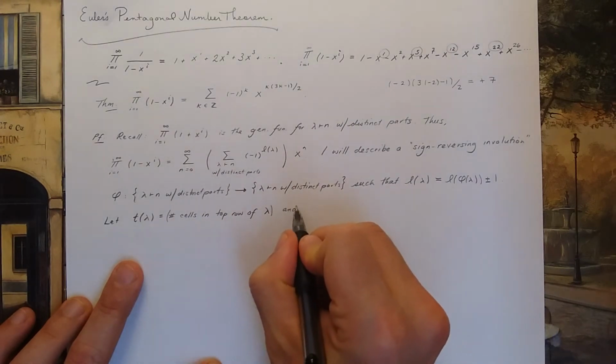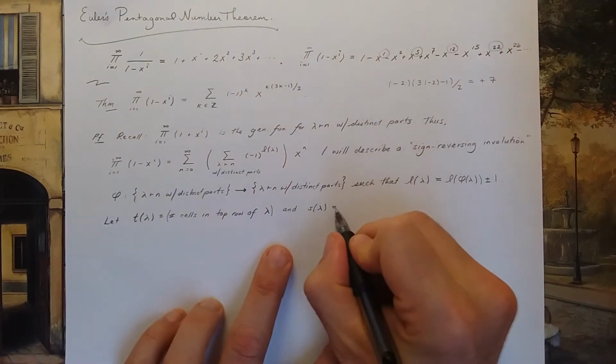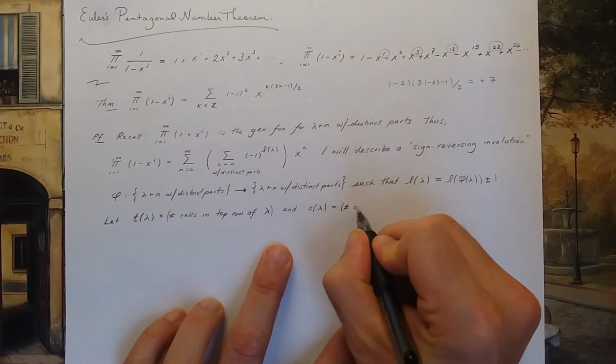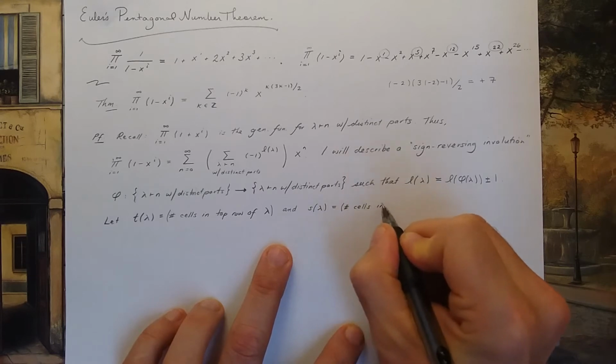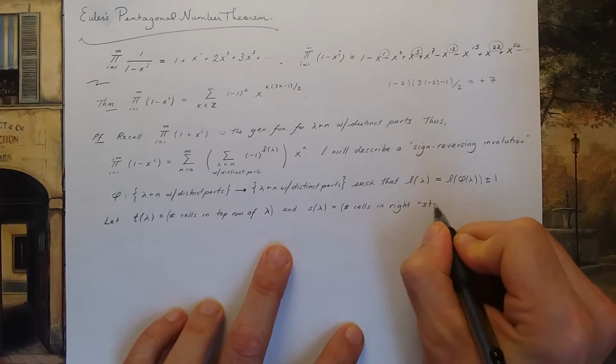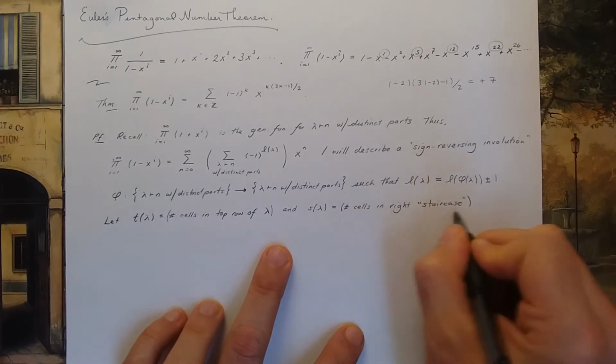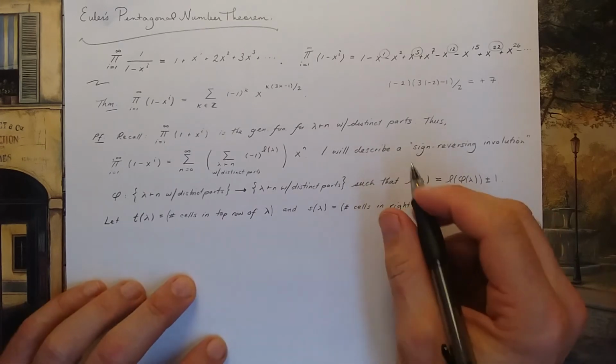And I'm going to let s of lambda be the length, or the number of cells, in the rightmost staircase. That's an ill-defined term right now, so let me draw you a picture.